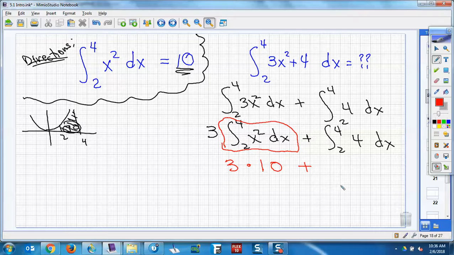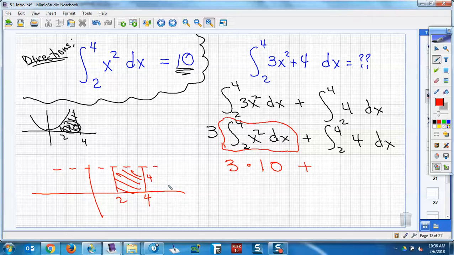How do we do the area of the function 4? What's the function 4 look like? It's a horizontal line up here at 4, right? This is like y equals 4 here. That's what goes there as the function. Well, what is the area from 2 to 4?